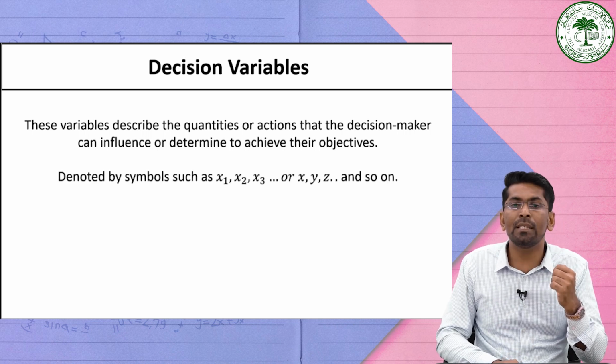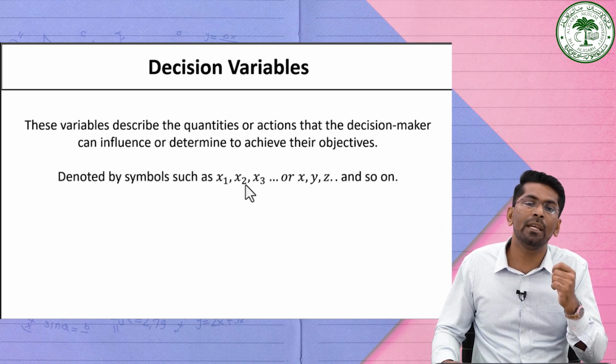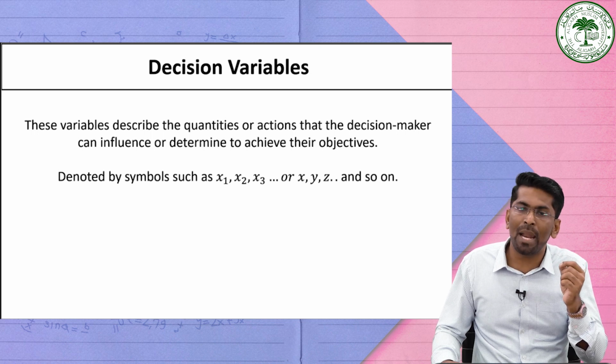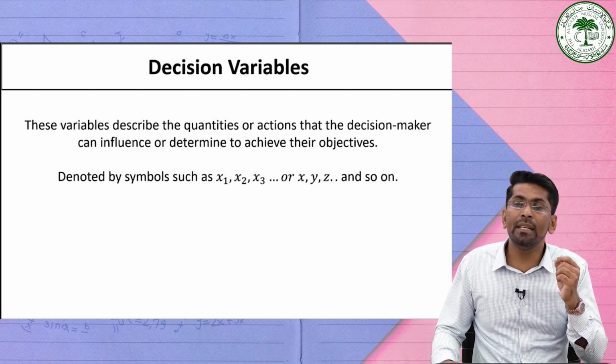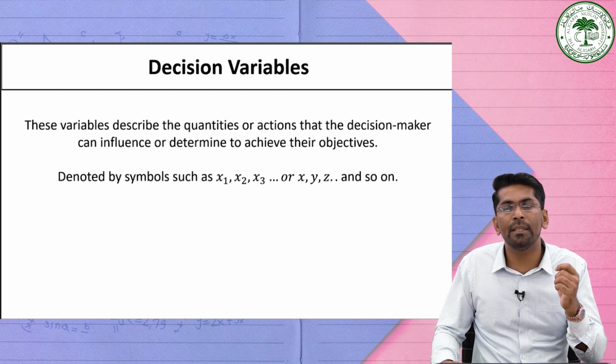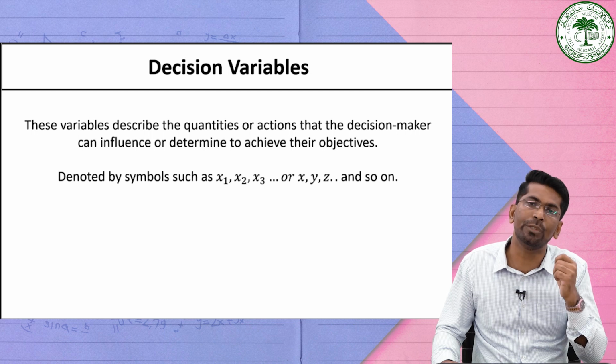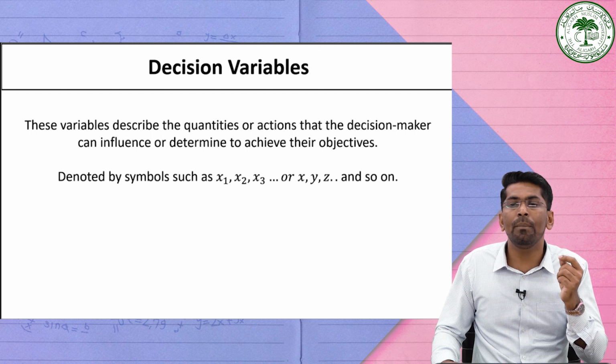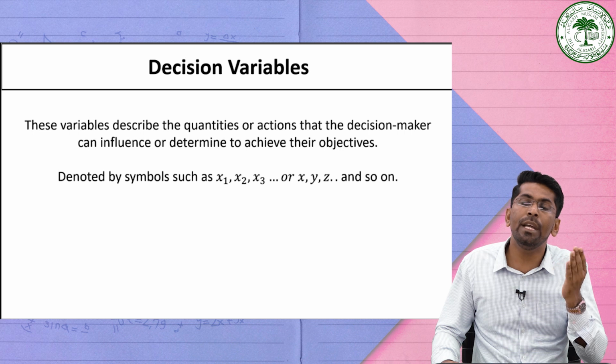They are generally denoted as x1, x2, x3, or maybe x, y, z, and so on. For example, in production planning problems, the decision variables are mainly represented by the quantities of different commodities that the producer wants to produce. So that becomes the decision variable here. For instance, x1 may represent the number of units of a commodity that the producer needs to produce.